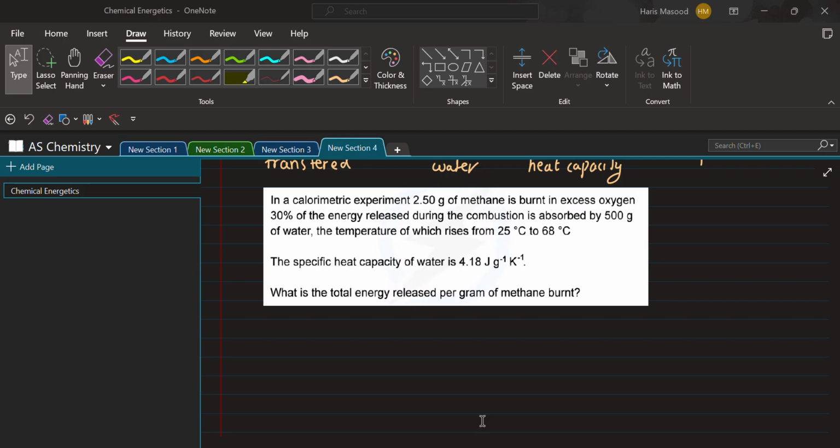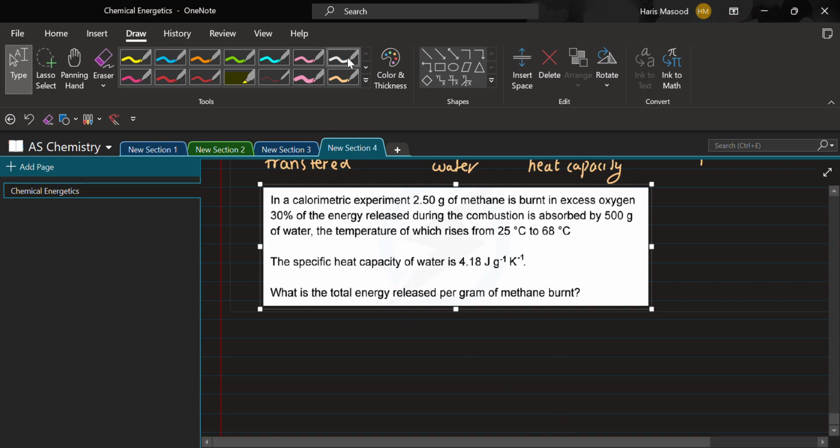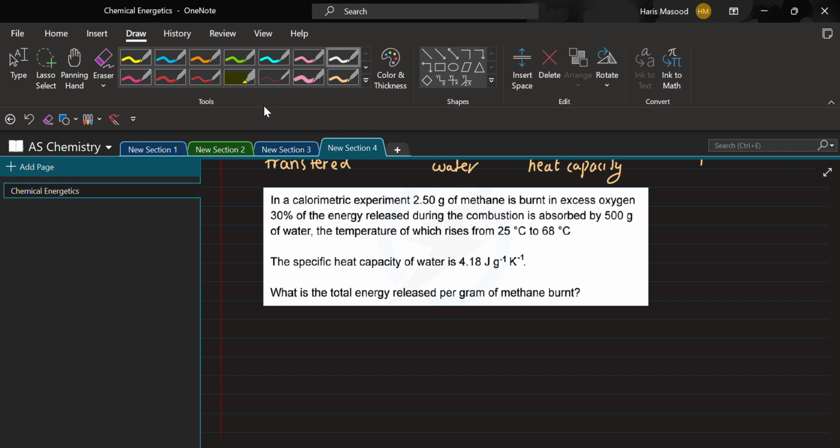Okay, so what we are going to do is first calculate for water. Using the formula we will see how much energy is absorbed by water.